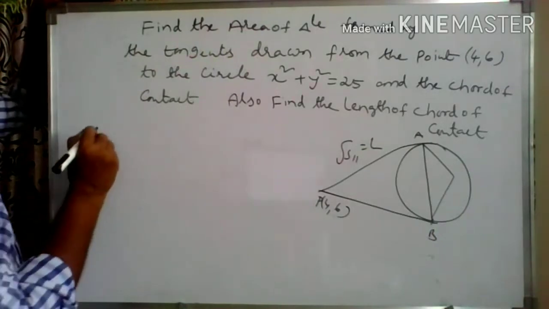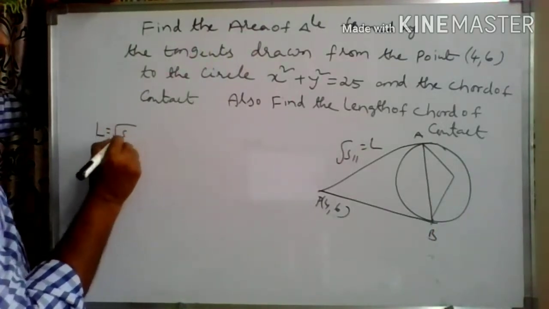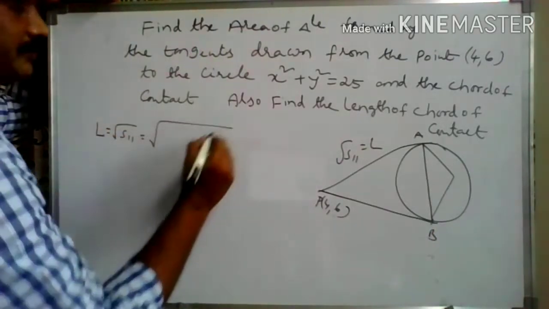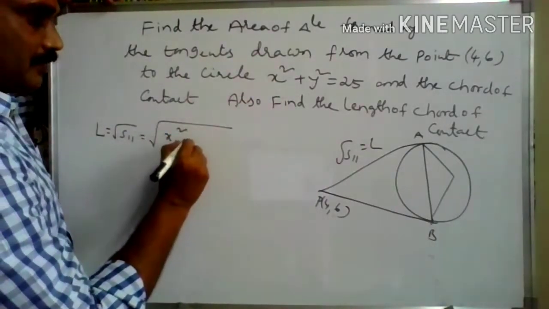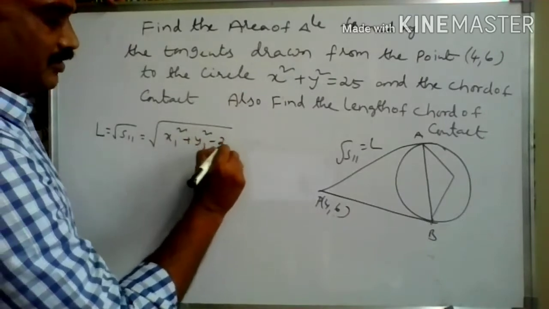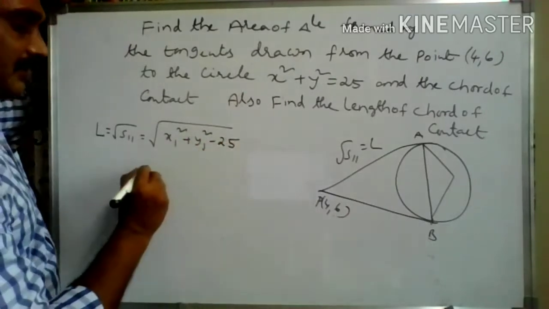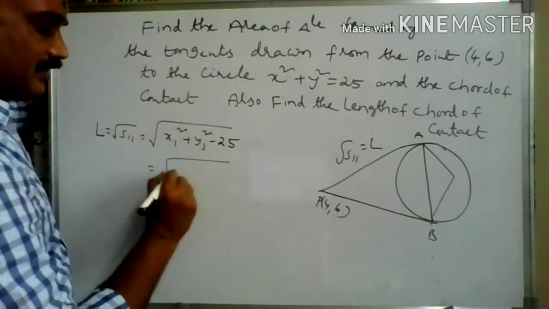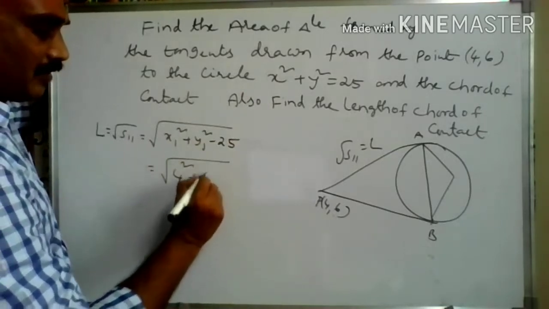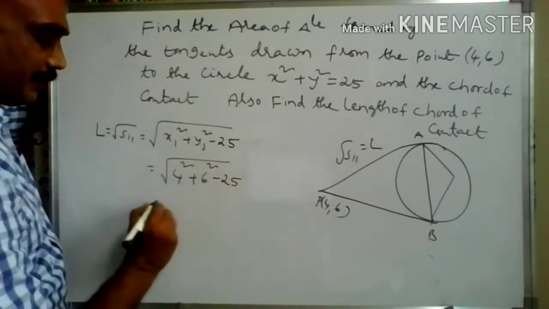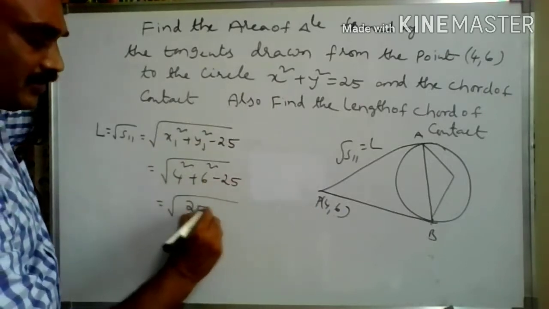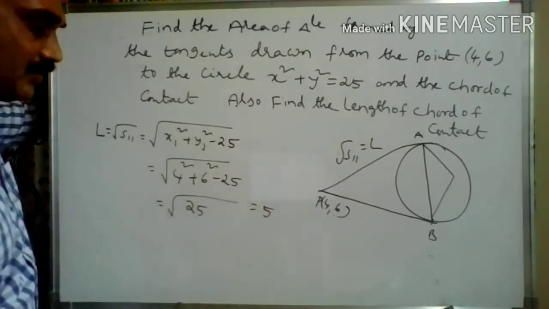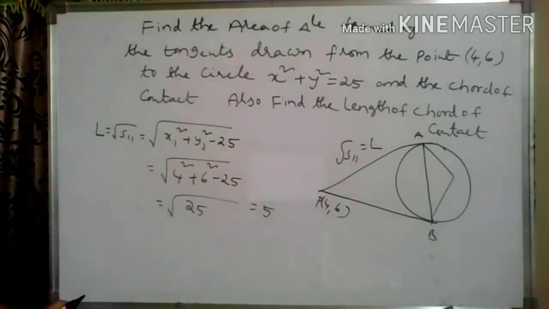Students, first L is equal to root S11. That is equal to root of x1 square plus y1 square minus 25. That is 4 square plus 6 square minus 25. 16 plus 36 is 52. 52 minus 25 is 27. Root 27, so L is equal to root 27, which is 3 root 3.